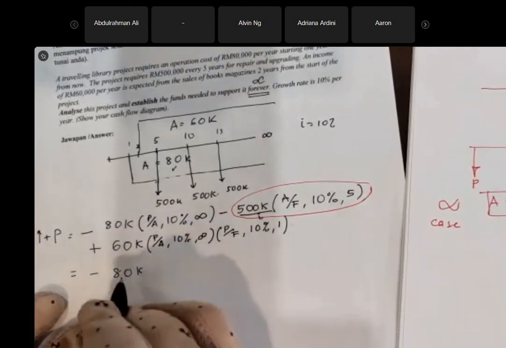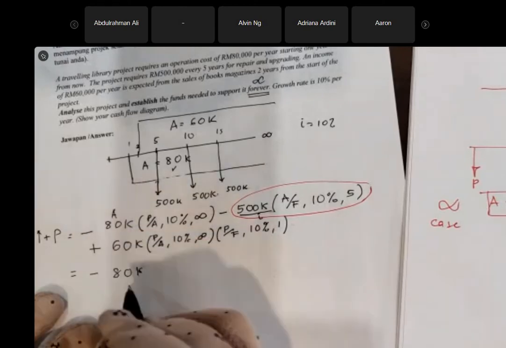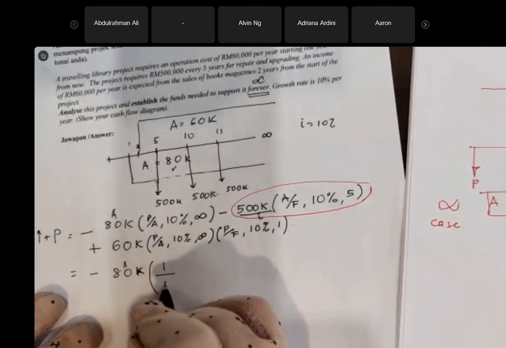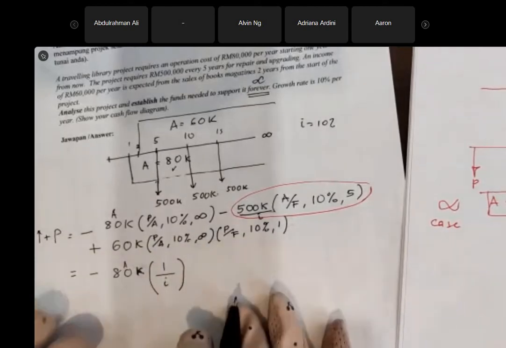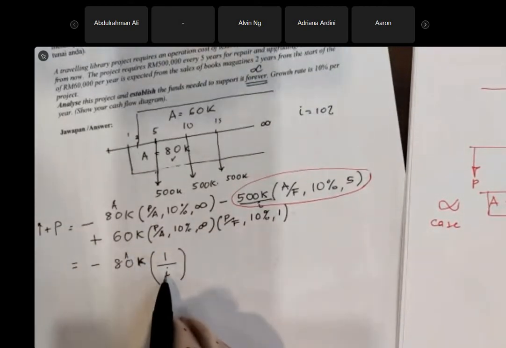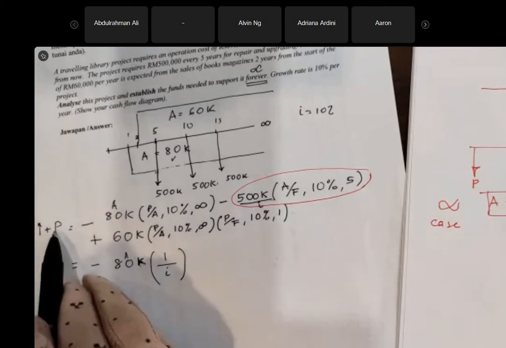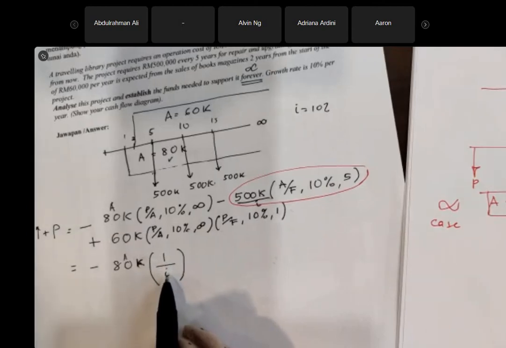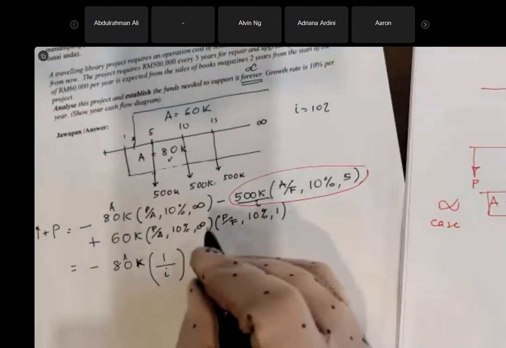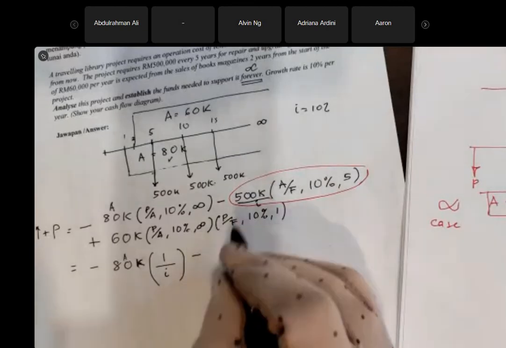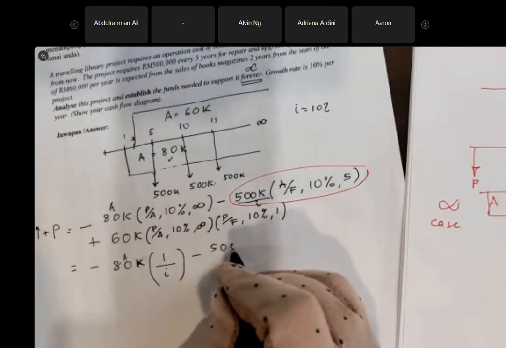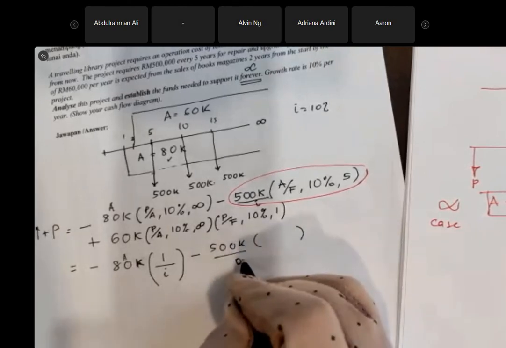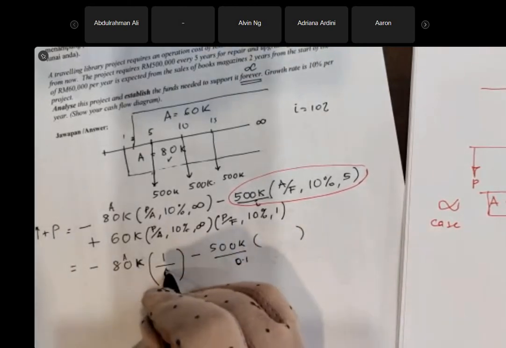P is A, ini kan A. So yang ini ialah 1 per I. Okay, A per I. P equal to A, this one is 1 per I. Okay, now yang ini pula, ni dah dapat lah. Ini dah okay, 400k. Ni ada from the formula per I is 0.1. Ini pun sama lah, 0.1.